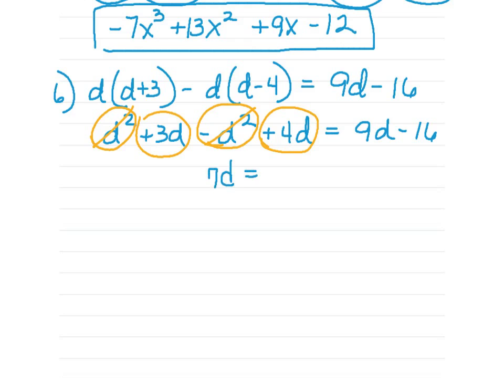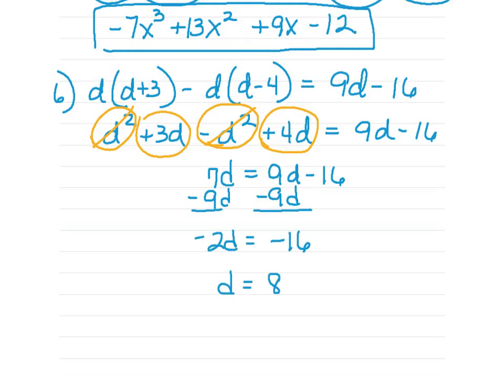Bring down the right-hand side, equals 9d minus 16. Now we need to solve for d, so let's eliminate 9d from the right. Negative 2d is equal to negative 16. And if we divide both sides by negative 2, d is equal to 8.